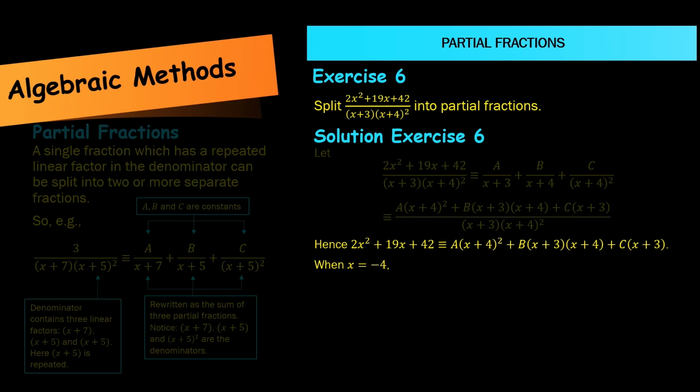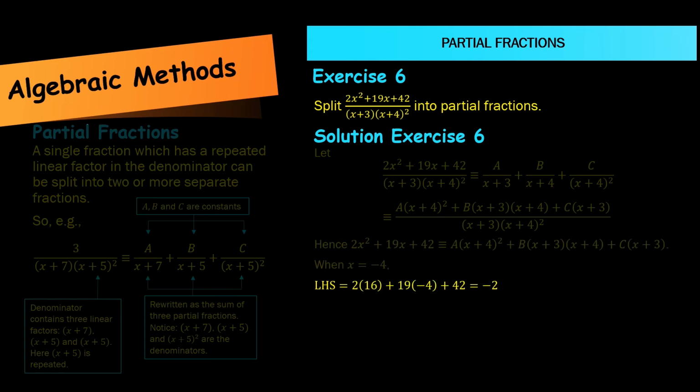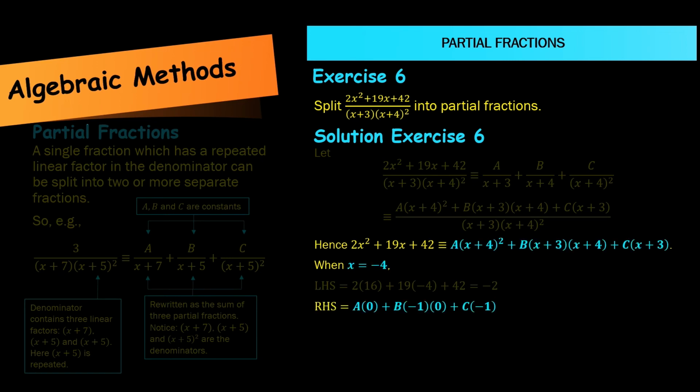On the left-hand side, we have 2 times 16 plus 19 times minus 4 plus 42 when we plug in x equals minus 4. This is equal to minus 2. And on the right-hand side, when we plug in x equals minus 4, as intended, the a term and the b term will disappear because we're going to multiply each of them by 0.